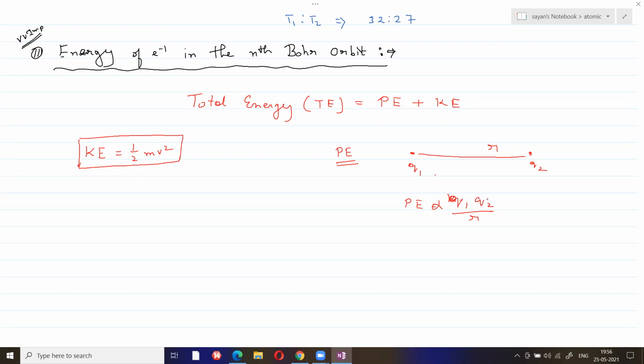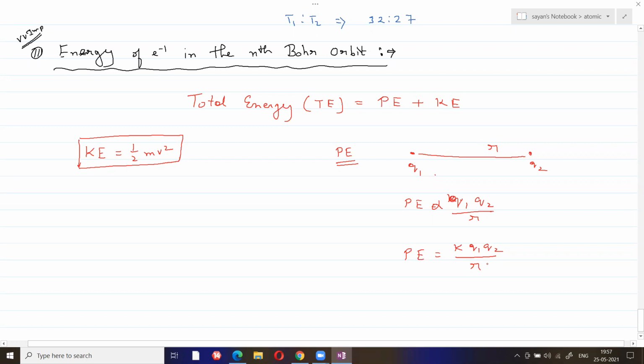For force of attraction, it is proportional to Q1 into Q2 by R squared, where Q1 is the charge of one particle, Q2 is the charge of another particle and R is the distance between them. In this case, potential energy is R, not R squared. Now if you remove the proportional sign, this equals K Q1 Q2 by R.